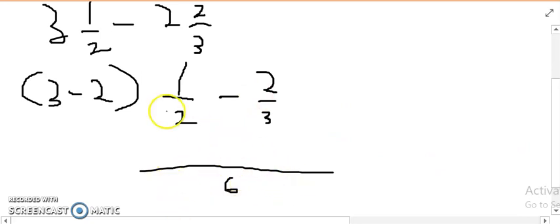Now 2 in 6, that's 3. 3 times 1, 3. Minus 3 in 6, that's 2. 2 times 2, that's 4. Don't forget this is 1. So yeah, 3 minus 2, that's 1. Equal to 3 minus 4, that's negative 1.